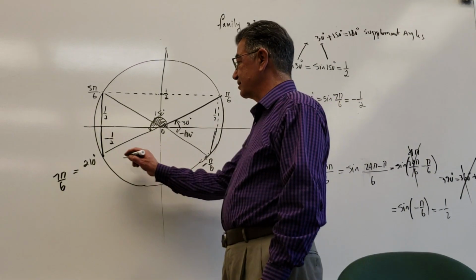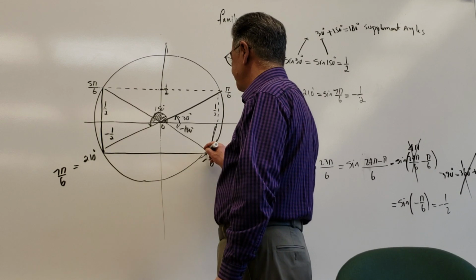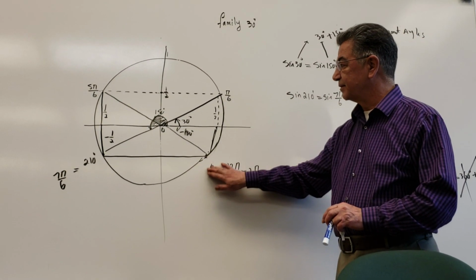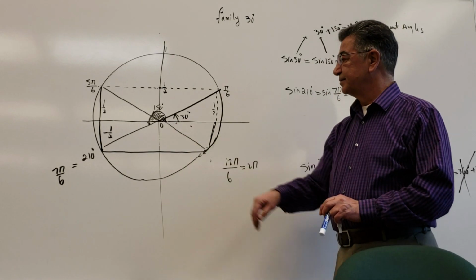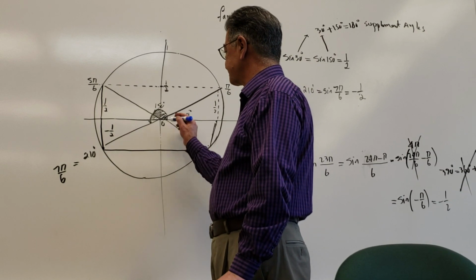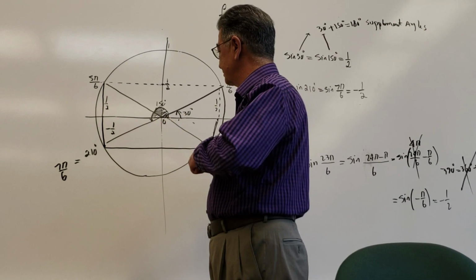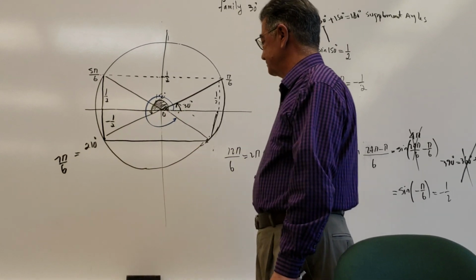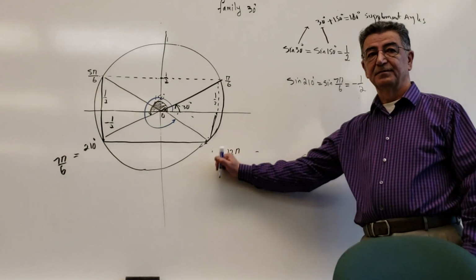And if I go across these streets, what's going to happen there? Get rid of that one. How much is this angle? 330. Everybody agree?